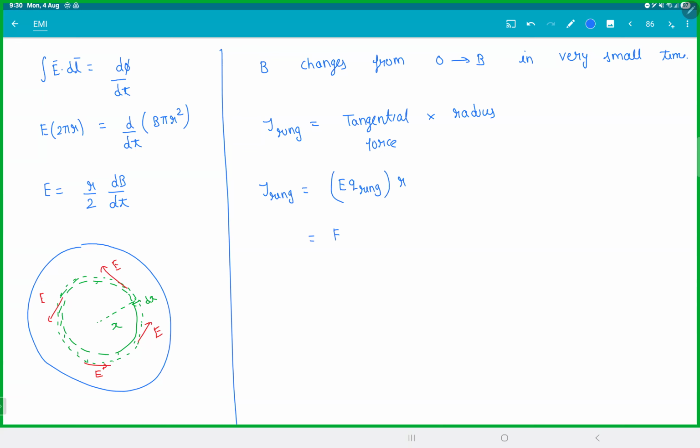Charge on the ring is nothing but Q by pi r square, total charge by total area, into 2 pi r dr. So this will give the total torque on the disk will be, pi and pi will go off, 2 EQ by R square, integral r square dr.